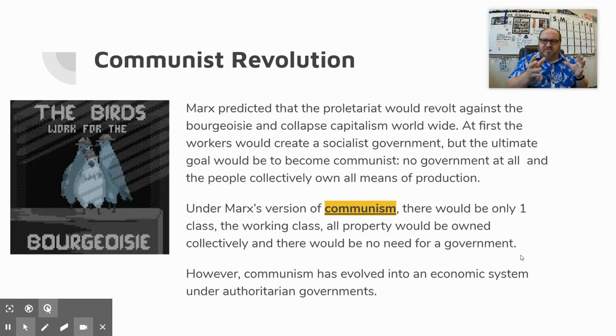The people collectively own all the means of production. Okay, there'd only be one class, the working class, and all property would be owned collectively. So there'd be no need for government. However, Karl Marx's visions of communism never came to actual fruition, so they never actually happened. His ideas of communism were taken and evolved into an economic system under authoritarian governments, dictatorships, and oligarchies.